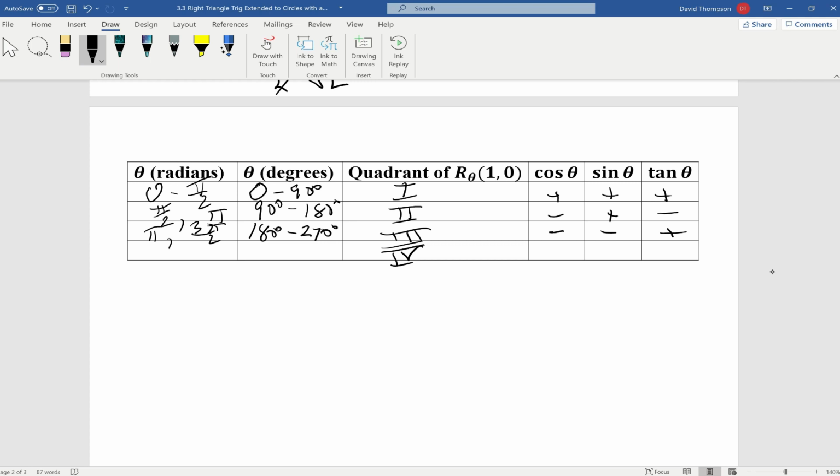In quadrant 4, we go from 3 pi over 2 to 2 pi, or 270 degrees to 360 degrees. The x's are positive, so cosine is positive, y's are negative, so sine is negative, and tangent has to be negative. Hopefully this helps you have a deeper understanding of how to work with the unit circle with right triangle trigonometry.